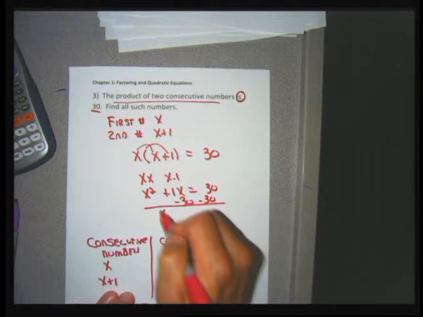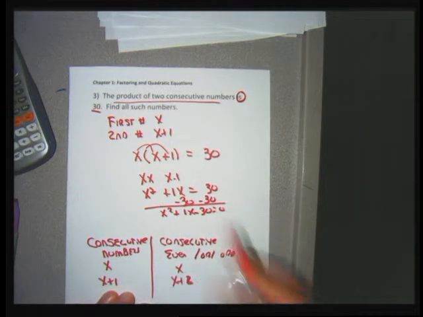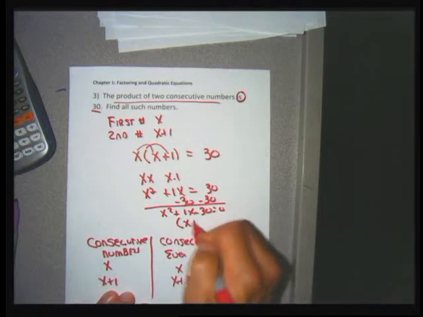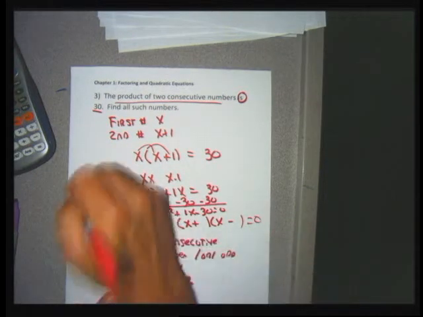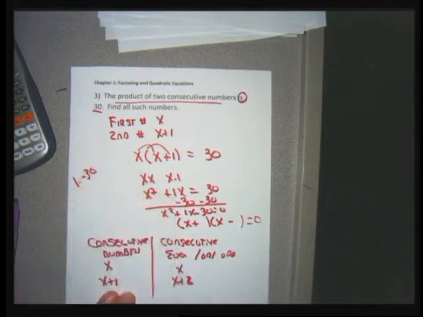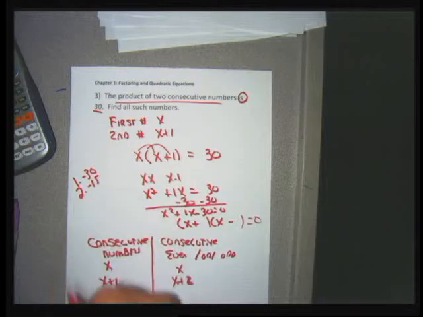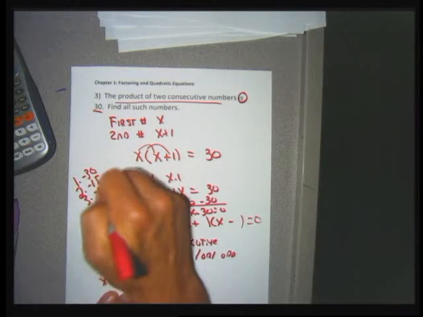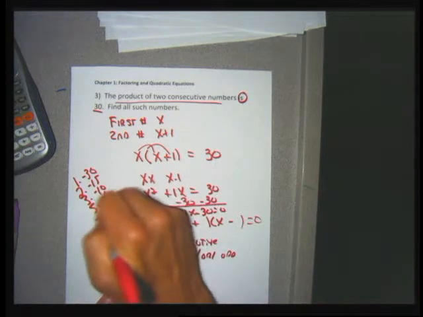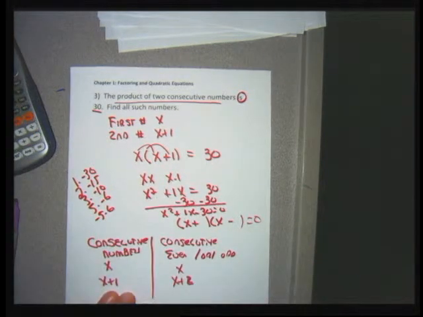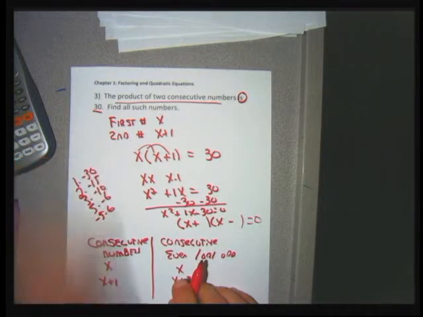And I get x squared plus 1x minus 30 equals 0. I know my template for factoring this is plus and minus. For the 30, 1 and minus 30 is not close to a 1. 2 and minus 15 is not close. 3 and minus 10 is not close. 5 and minus 6 is close, but it's the minus 5 and positive 6, because 5 minus 6 is a negative 1, and negative 5 plus 6 is a positive 1.